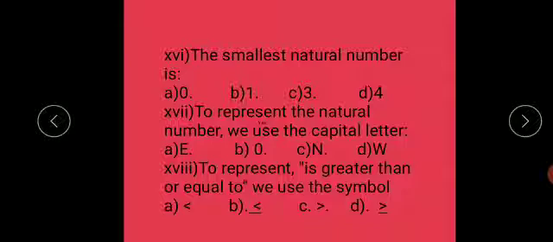You have to take the right option. 17th part: to represent the natural numbers we use the capital letter E, O, N, W.